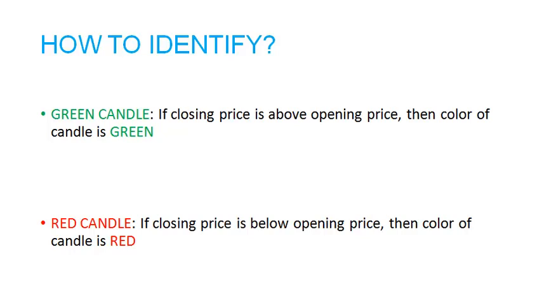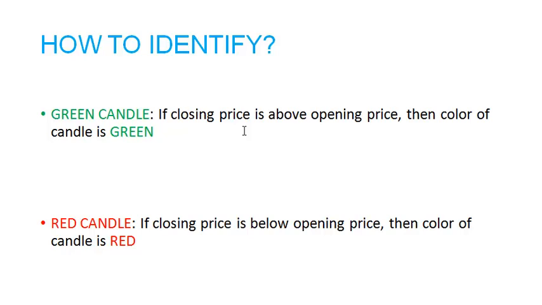So how do you identify them? A green candle is a candle where the closing price is above the opening price, which means the price opened today and went up, and the closing happened where the price of the stock was more than the price when it opened in the morning.